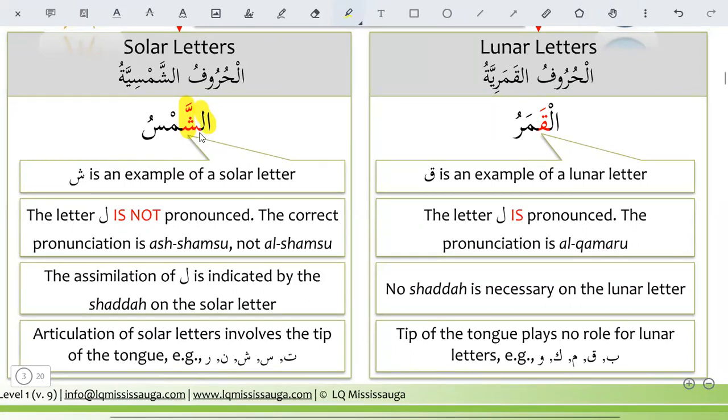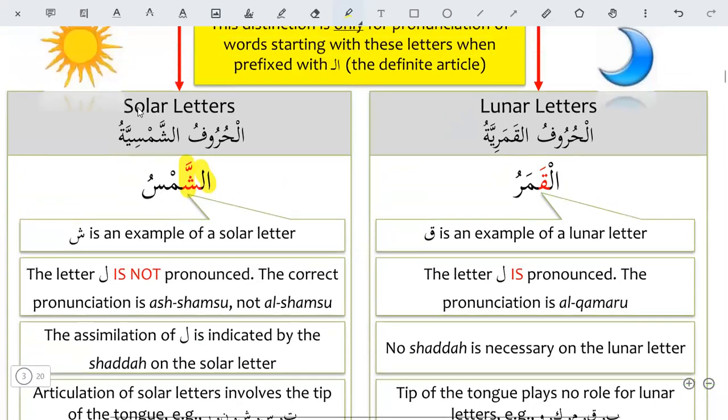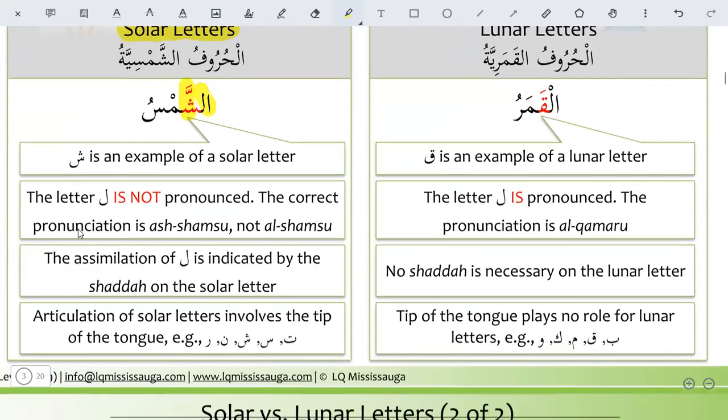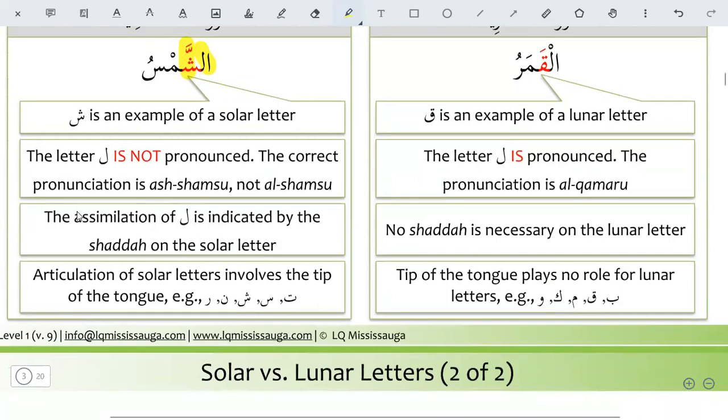The nouns on this pattern we call al-huroof ash-shamsiyyah, or solar letters. The letter lam is not pronounced. We don't pronounce lam; after alif, we pronounce the sheen: ash-shamsu.